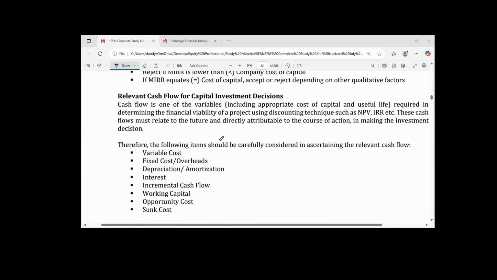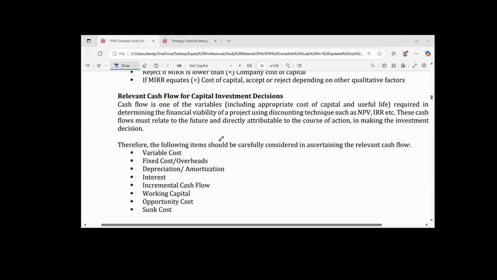So you have the responsibility to be able to identify which of the cash flows are relevant to your calculation and which one is not relevant. Therefore, relevant cash flows are the receipts and payments that are directly attributable to the project under consideration.